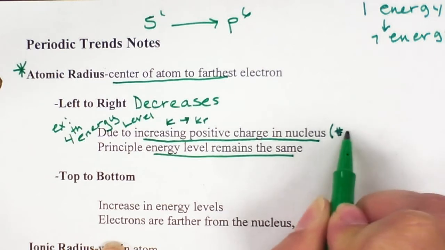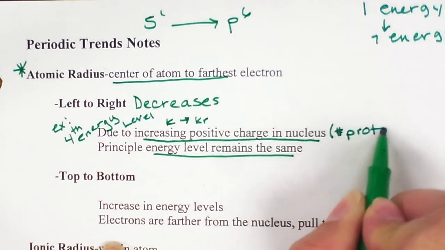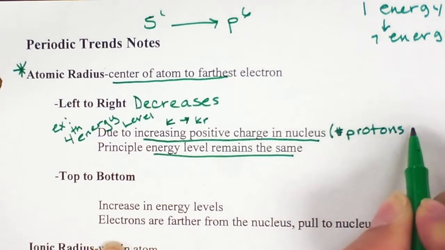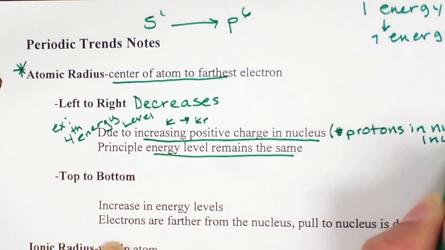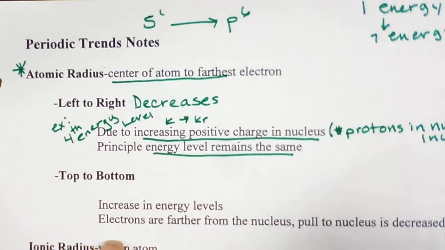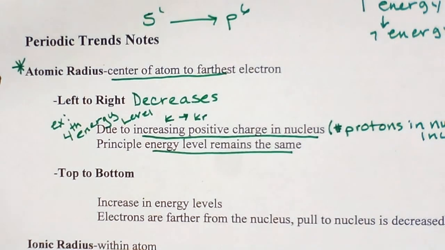So the number of protons increases. But the energy level, number 4, stays the same.